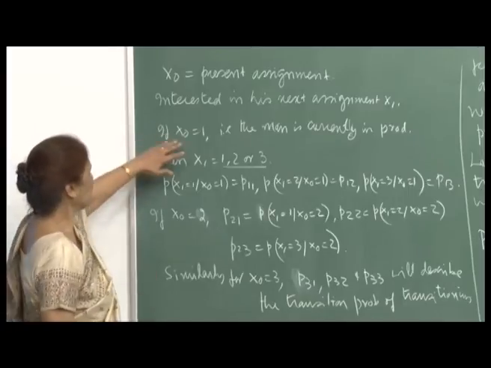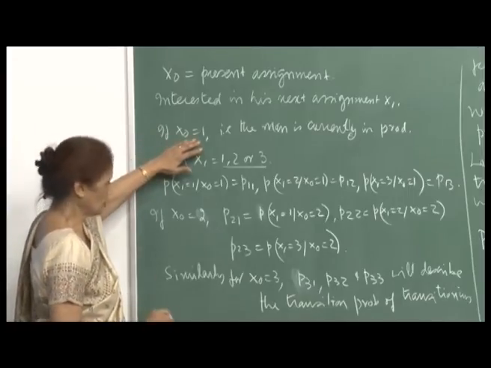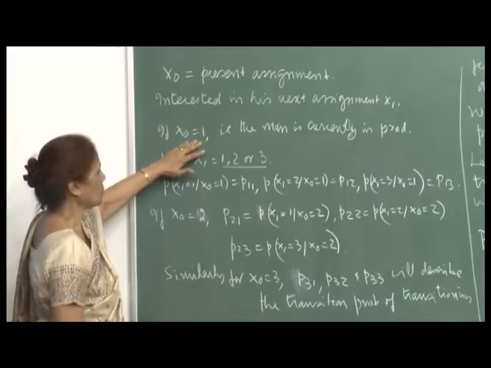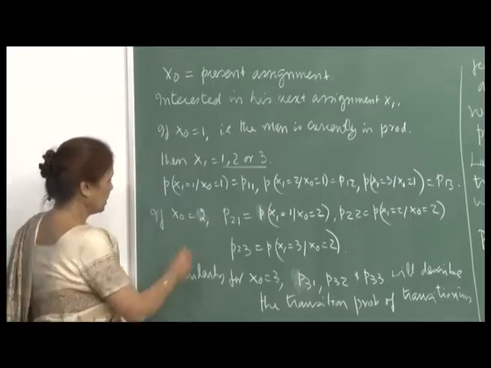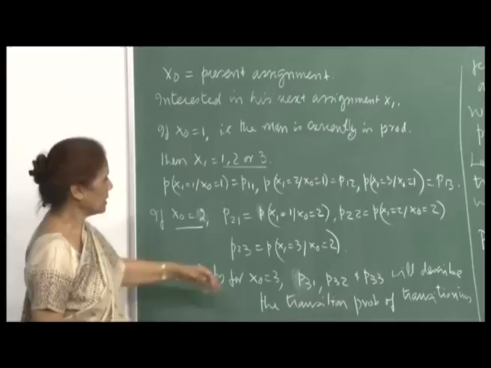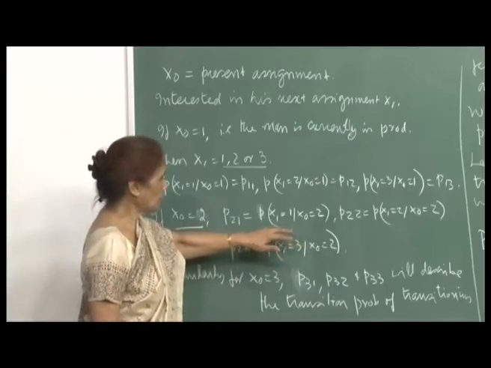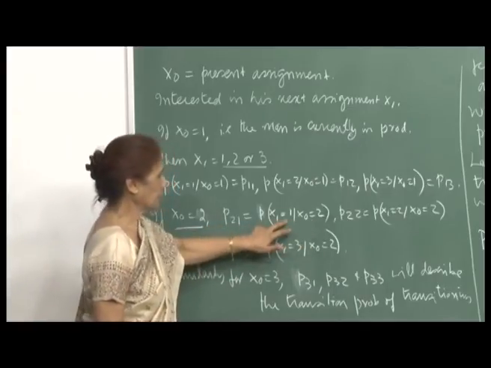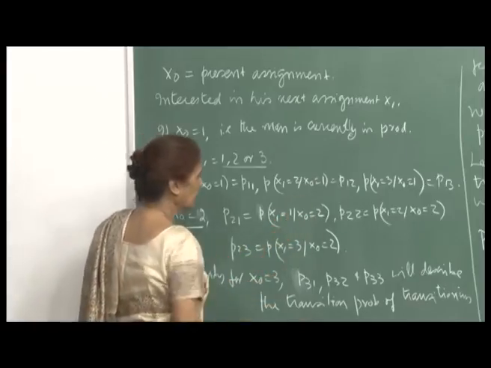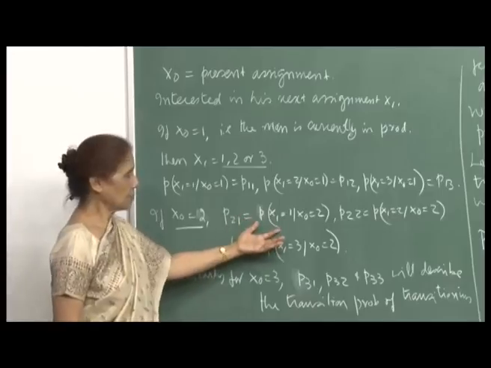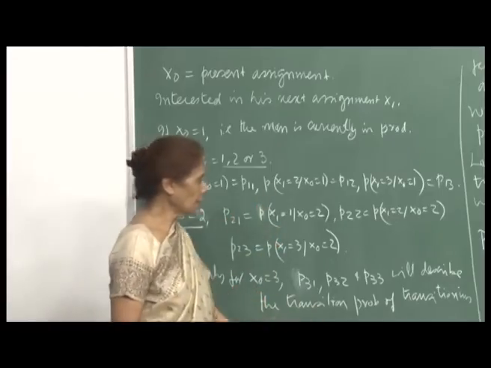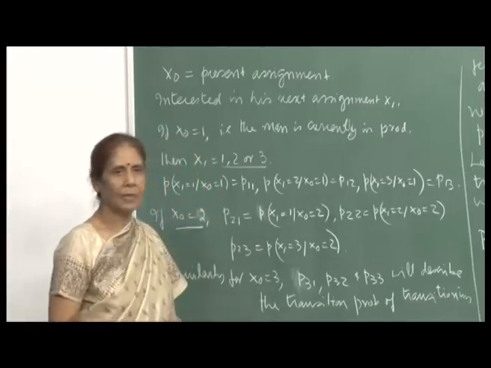If you know where he is at the beginning of the planning horizon, that is, if you know x naught is 1. But if x naught is 2, then of course again the transition probabilities will be different, in the sense that now what is his probability of going from 2 to 1. That means he is in HR, and then the probability that he will be assigned to production must be some probability. These are the transition probabilities which describe the assignment process.